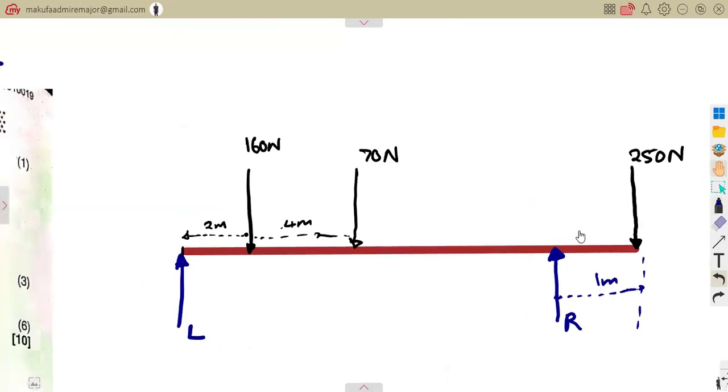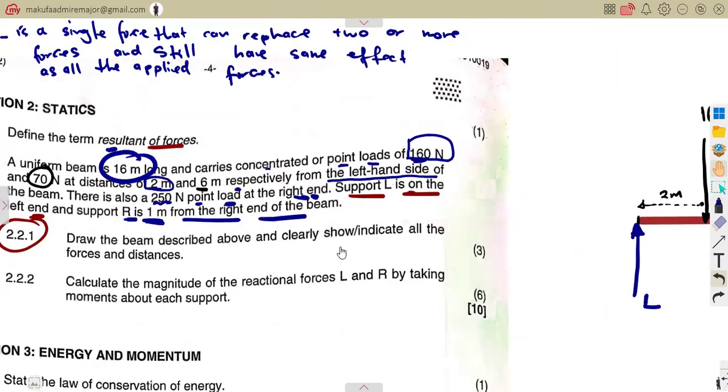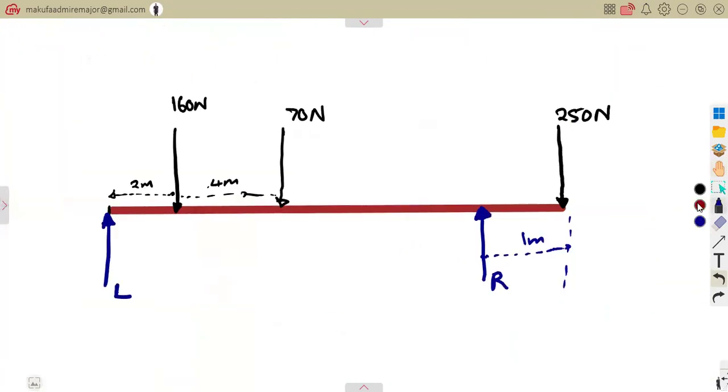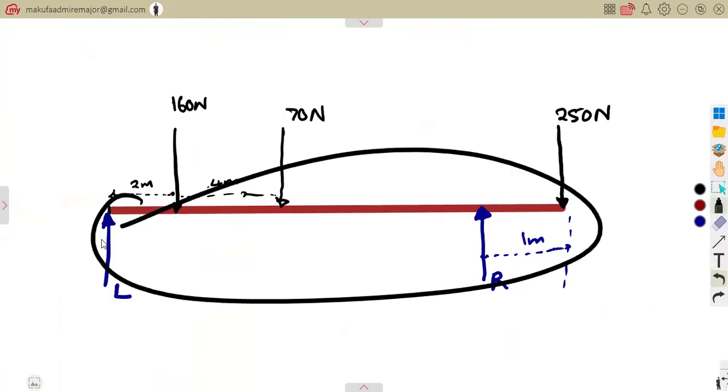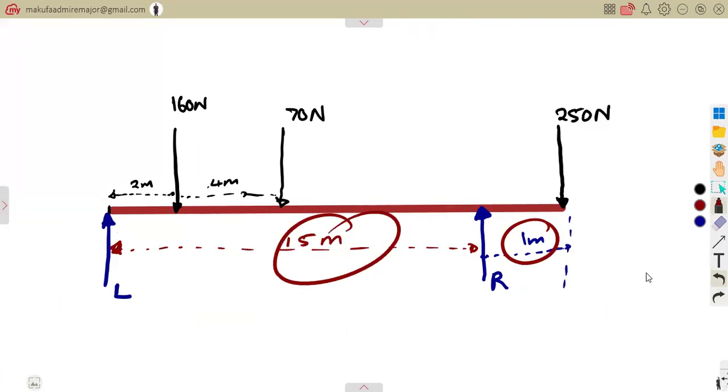So let's go back to this part that you're given. Remember, this whole section is 16 meters from one end to another. If you have covered 1 meter here, what does it mean? It means in between, there is going to be 15 meters. 16 minus 1 is 15 meters, so that if you add these two, they add up to 16.